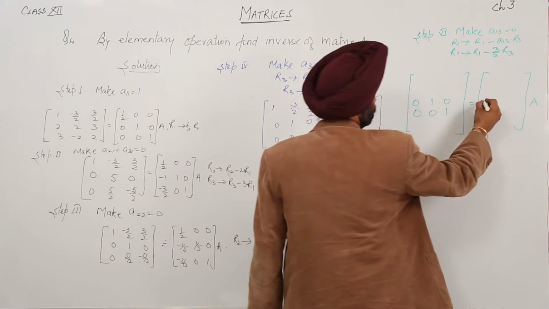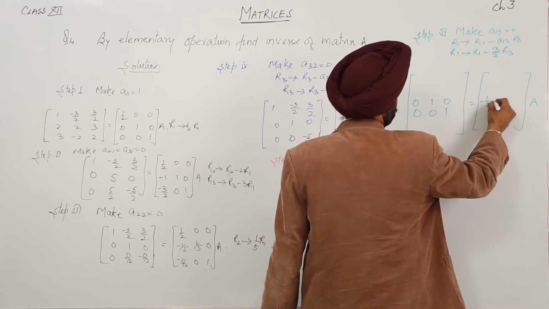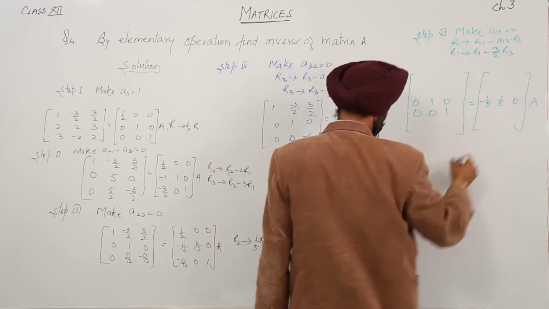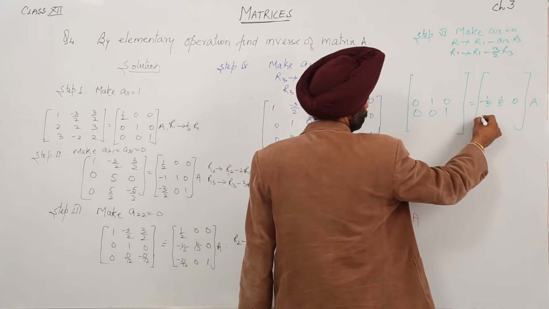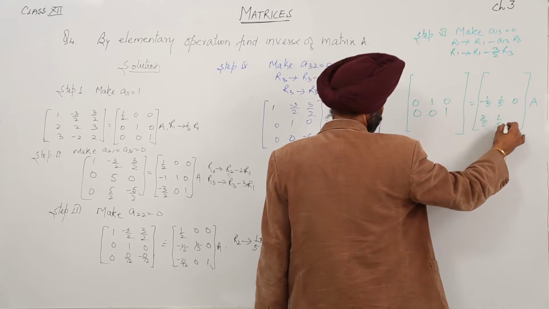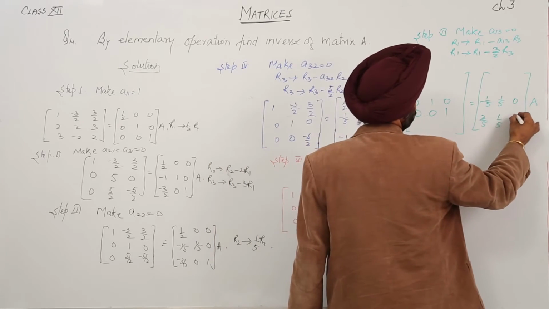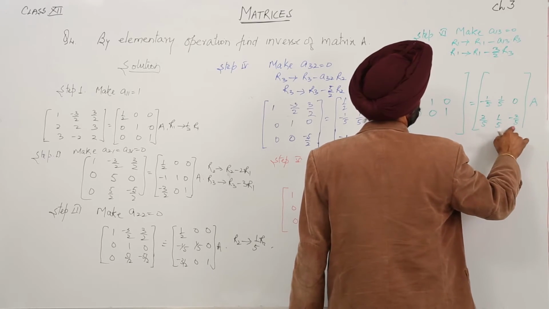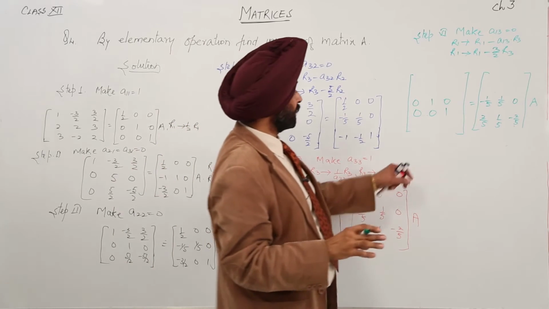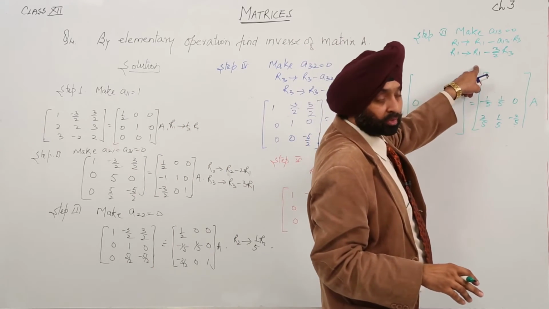Similarly this side, minus 1 by 5, 1 by 5 and 0, and 2 by 5, 1 by 5 and minus 2 by 5. So we have not changed these rows. Now we are applying row 1 for this particular part.